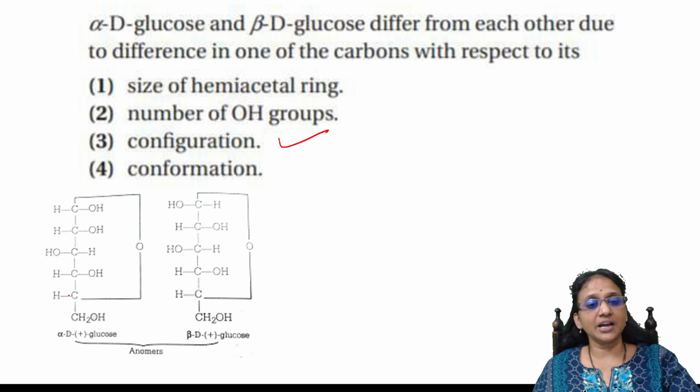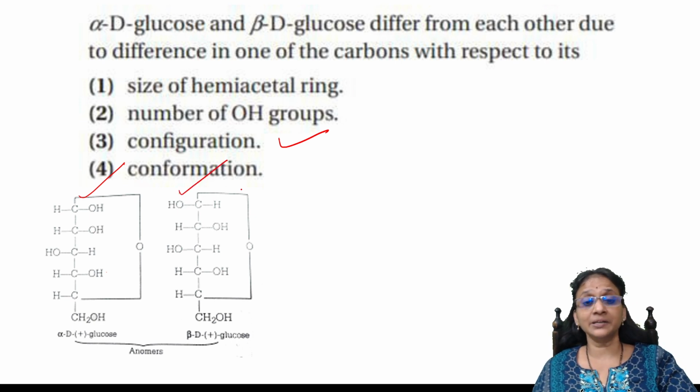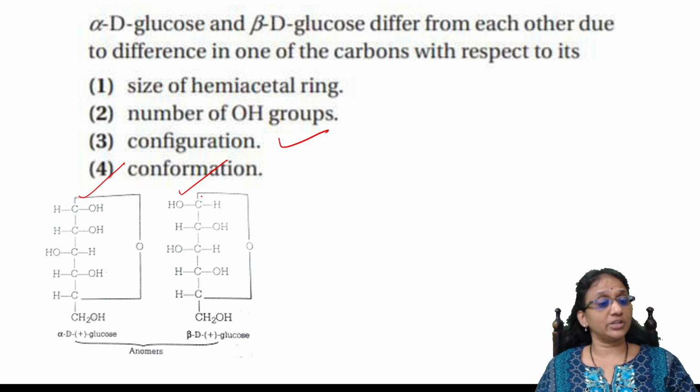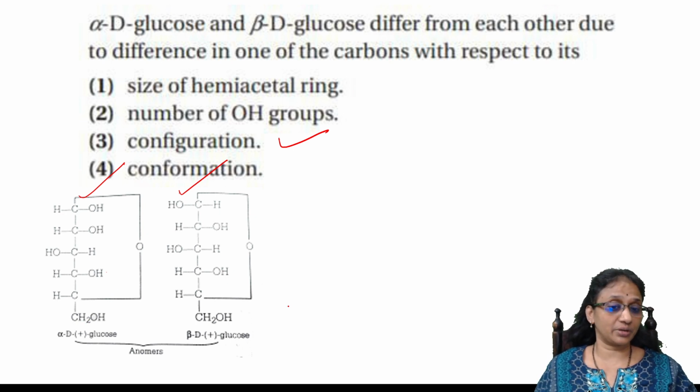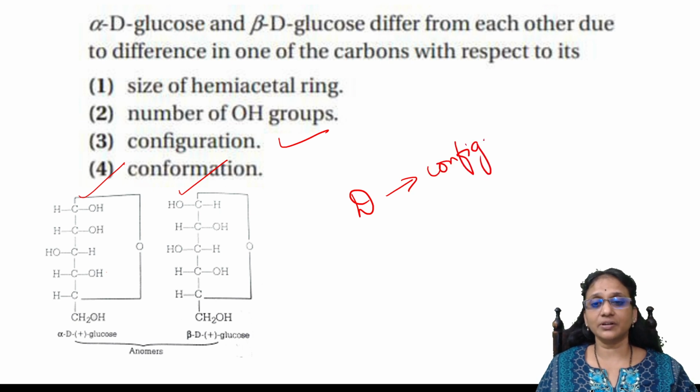In this case, hydrogen and OH are present on the left hand side. In this case, OH and H are present on the right hand side, correct? So in case 1, H on the left hand side, in case 2, OH on the right hand side. So remember, always D configuration, D denotes the chain configuration. Okay, so that too, H on the left hand side and OH on the right hand side.